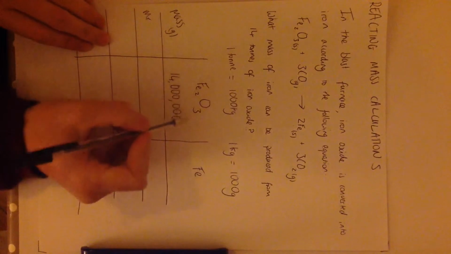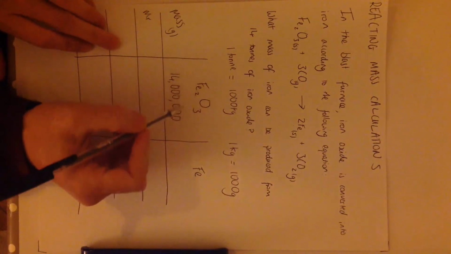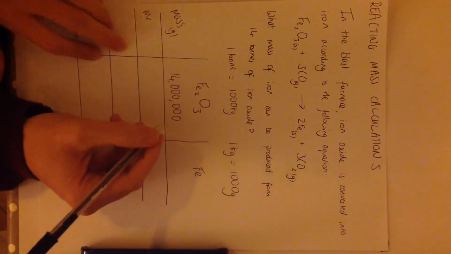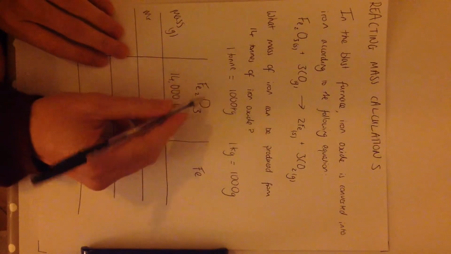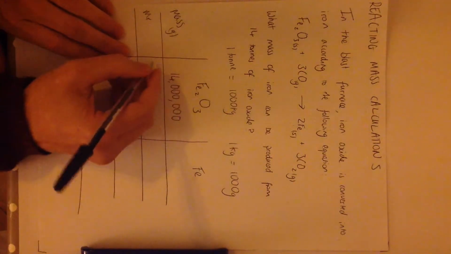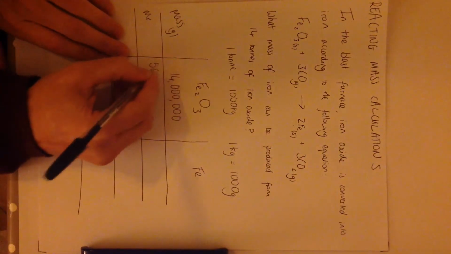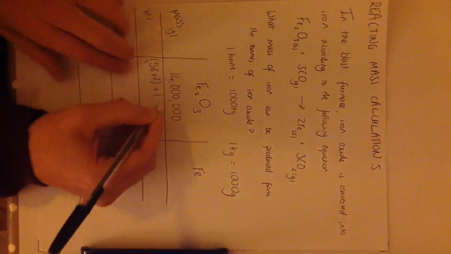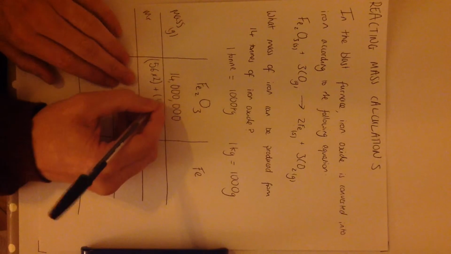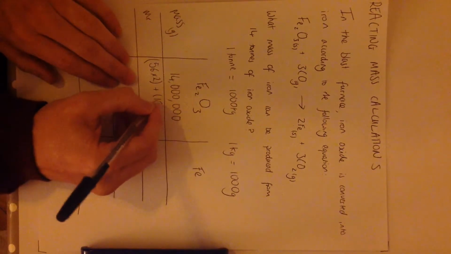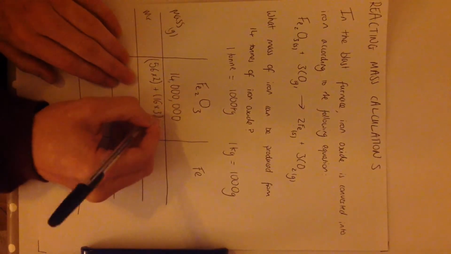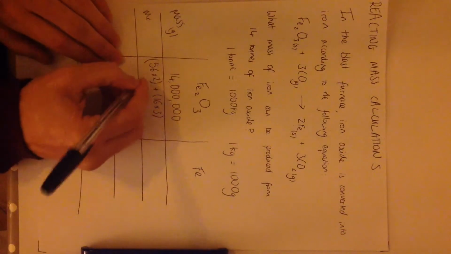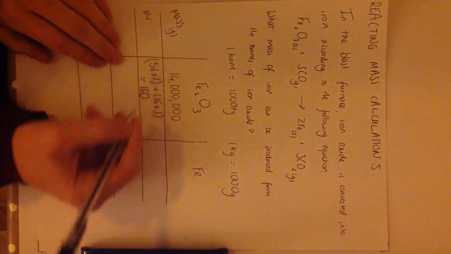Then we can add in the MR value for our iron oxide Fe2O3. If we look in the periodic table, iron has an atomic mass number of 56. This must be multiplied by 2, plus oxygen, which has an atomic mass number of 16, multiplied by 3, and this gives me 160.